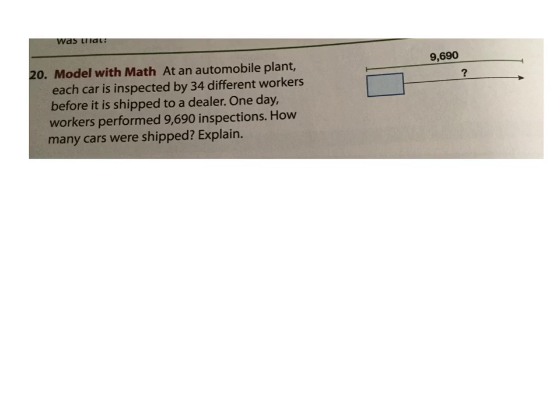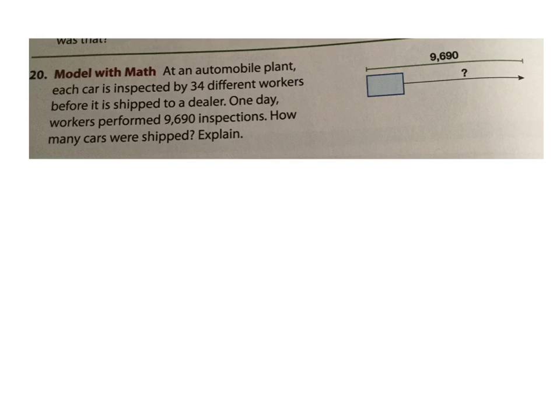Let's look at the last question. At an automobile plant, each car is inspected by 34 different workers before it is shipped to a dealer. One day, workers performed 9,690 inspections. How many cars were shipped? Explain. Look at this picture diagram. We see the 9,690, which is the total inspections.